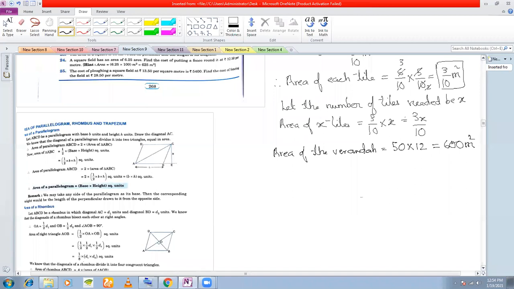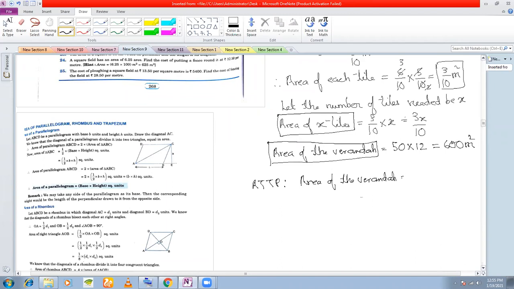Now, if I am to tile the entire veranda with X tiles, the area of these X tiles must be equal to the area of the veranda, because I am tiling the entire veranda.